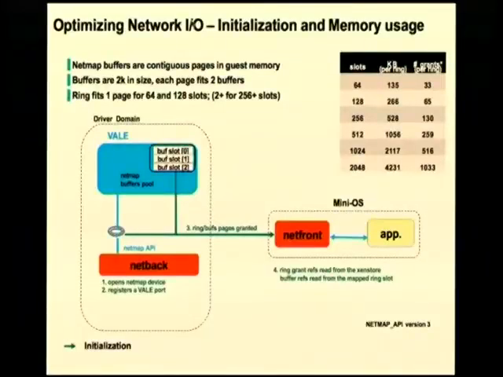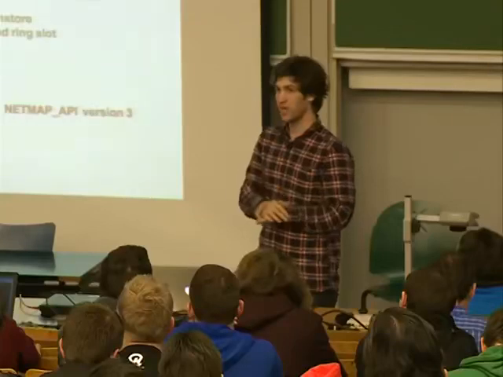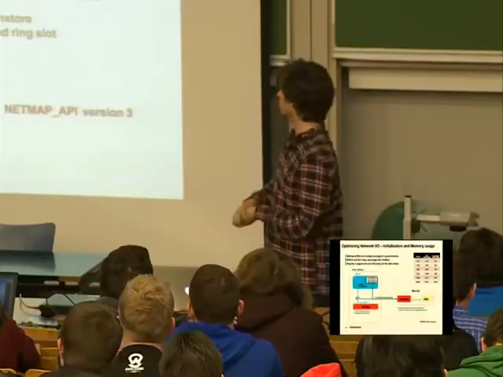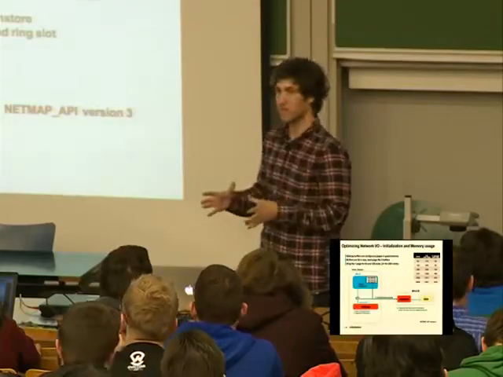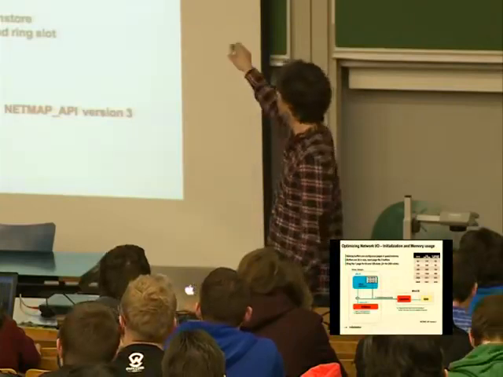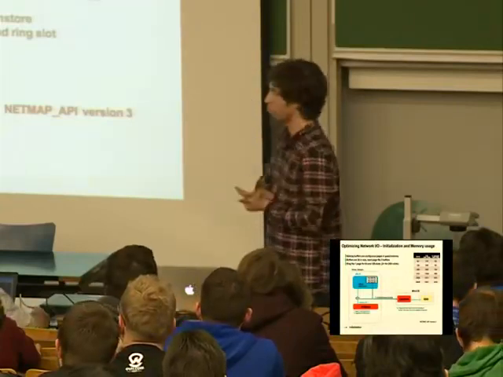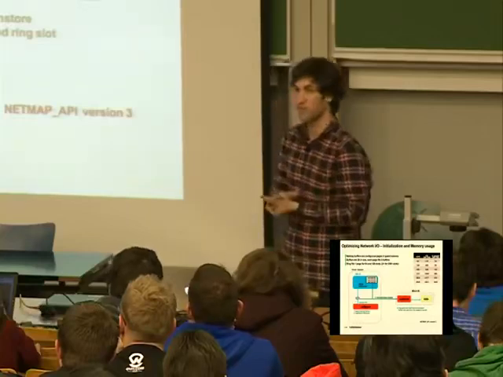We eliminate the copy, so I thought it would be good to mention how much memory we share. NetMap buffers are allocated in contiguous pages, and buffers are around 2K. So for the normal ring size of NetMap, which is 1024, you share a total of 2 megabytes per ring as of NetMap API version 3.